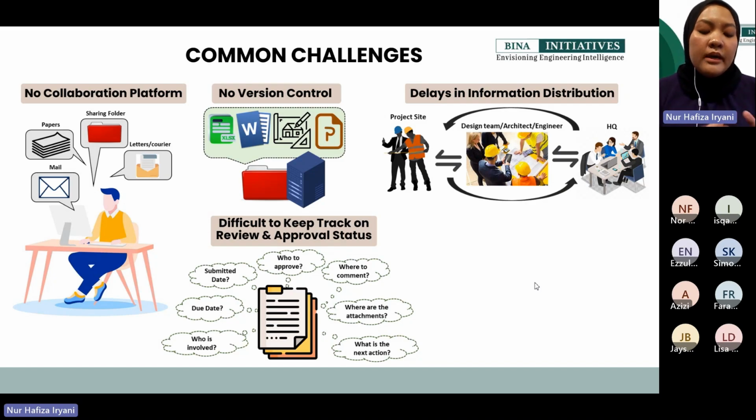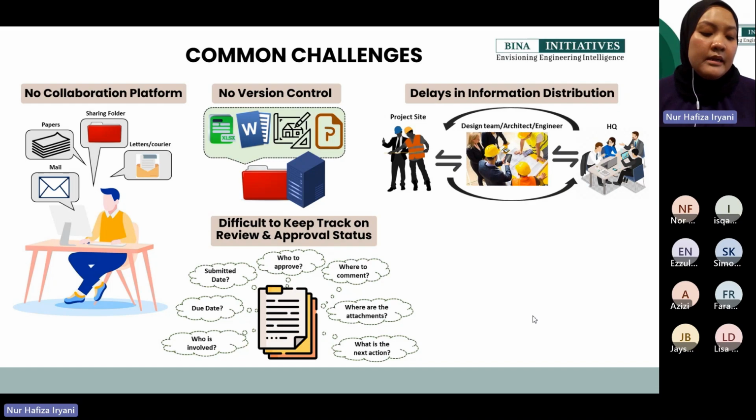This kind of situation can cause delay in information distribution. Even internally, we cannot expect it to be only external. No, we also face it internally and also externally across the project teams.